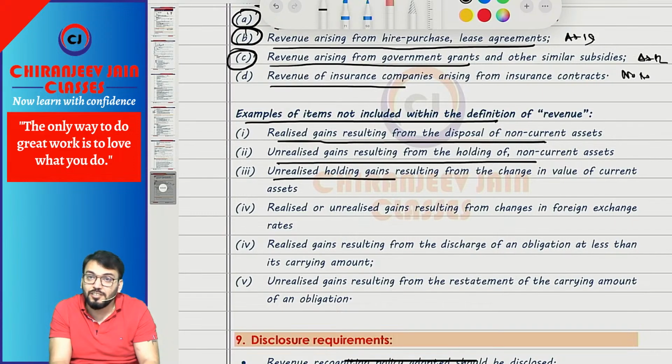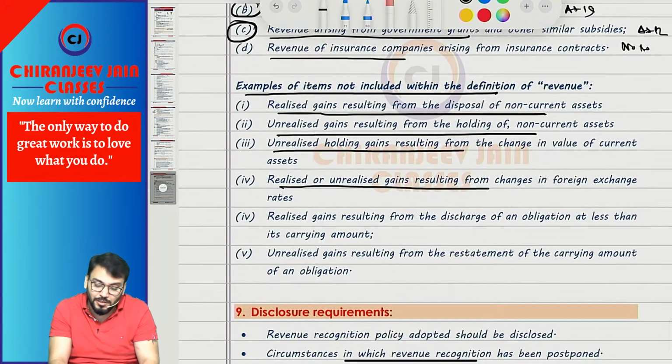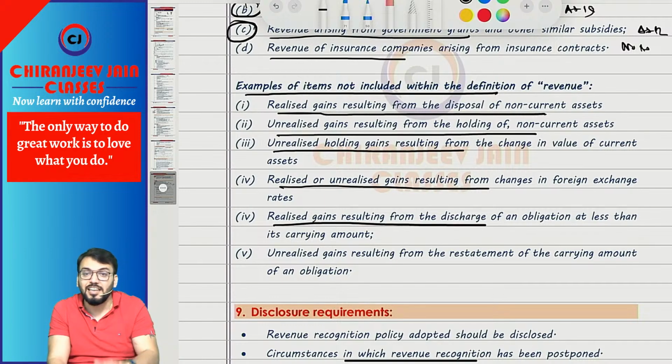Unrealized holding gain resulting from changes in the value of current assets, means inventory, is also not revenue. Realized or unrealized gain resulting from changes in foreign exchange rate is also not revenue. Realized gain resulting from discharge of obligation at less than its carrying amount, means if you are settling a liability at less than carrying amount, that is also not a revenue.